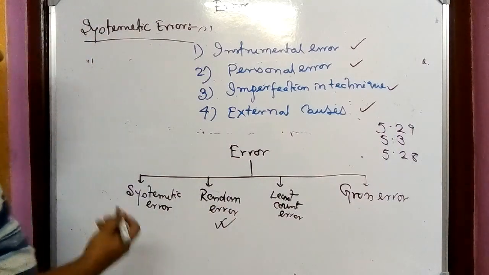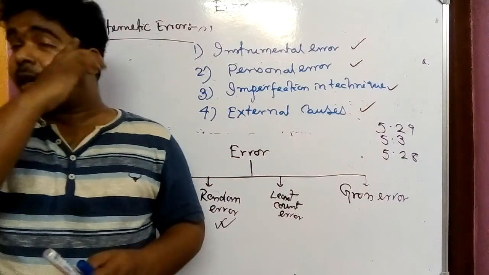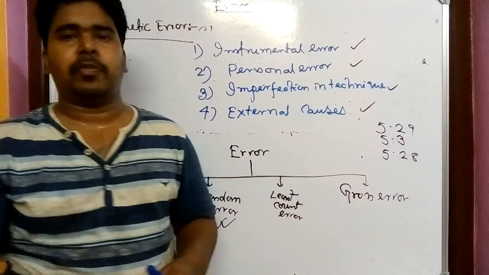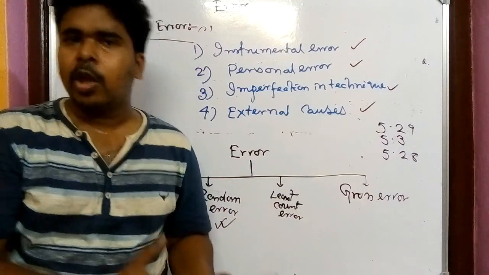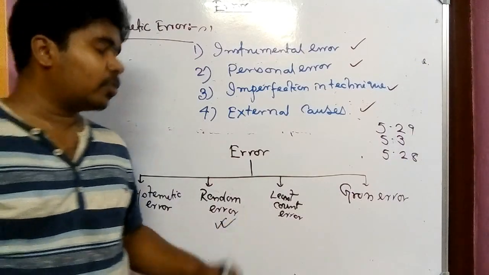What is random error? Random error is nothing but when different values are coming when the same experiment is done at different times. That is known as random error.